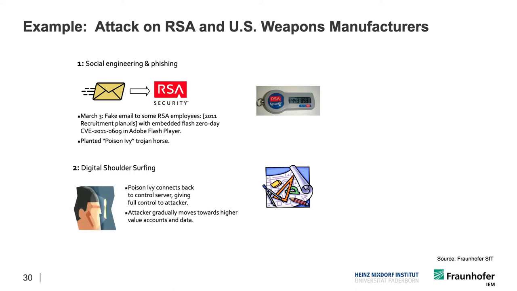Then, and that's something very commonly done in these kinds of attacks, in the next stage they did so-called digital shoulder surfing. They were basically looking across the shoulders of these employees, but virtually, right? They were monitoring what's going on their machines. Do they have access already to the information that we need? And if not, can we infect other machines in the same network, machines of people who maybe do have access?